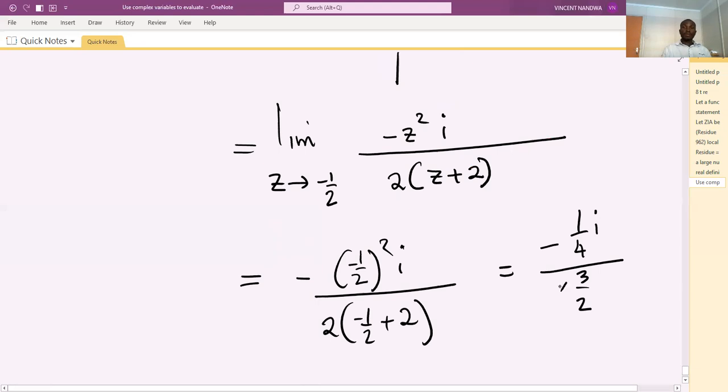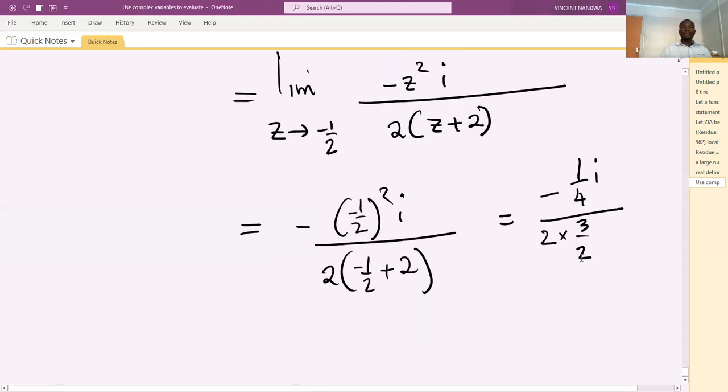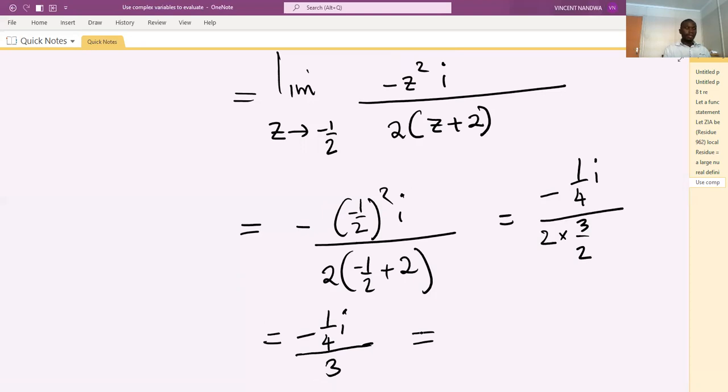So multiply this one by 2. So you get 3. So we'll have negative 1 over 4i divided by 3, which is negative 1 over 12i.